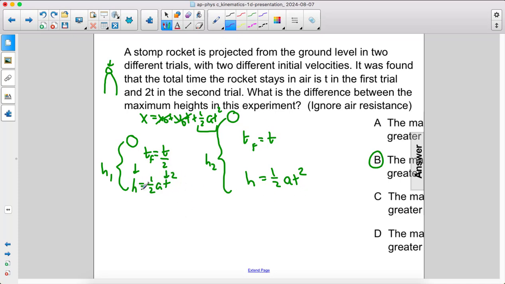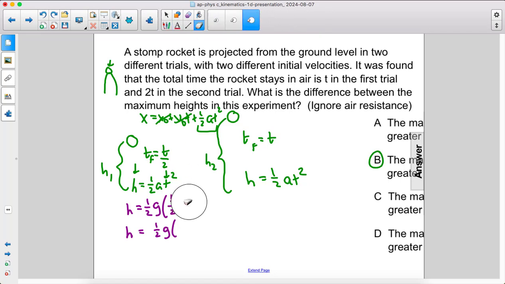Okay, so over here we have a max height. We have 1/2 a, which is 9.8, just little g, and the amount of time that it is falling was t over 2 squared. So we have 1/2 g, and now I'm going to separate these. Here, I'm going to write it a little differently so that the algebra I'm about to do makes more sense.